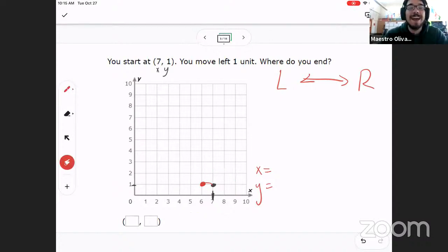Yes, x equals 6 and y equals 1. Perfect. Thank you so much. Are there any questions about why it's x equals 6 and y equals 1?